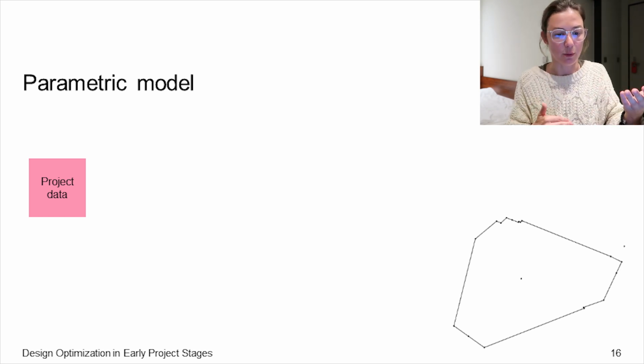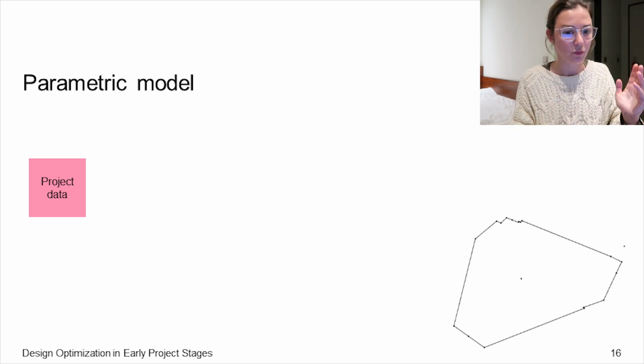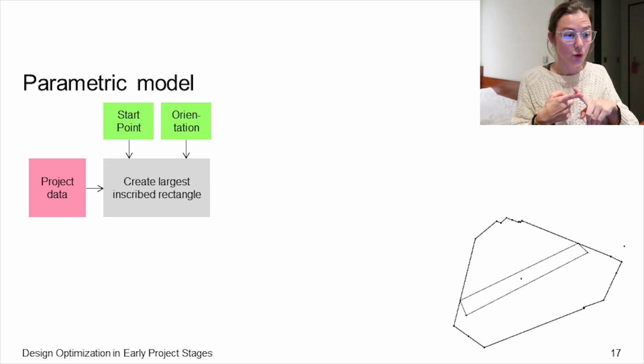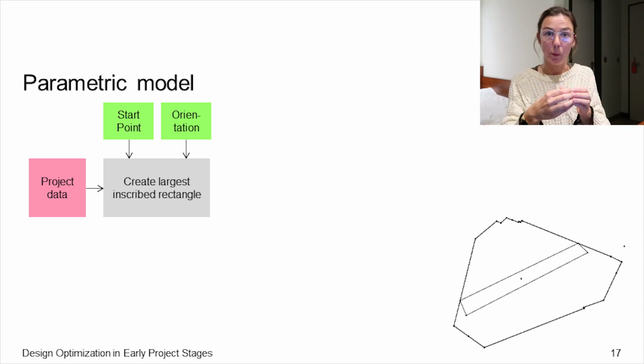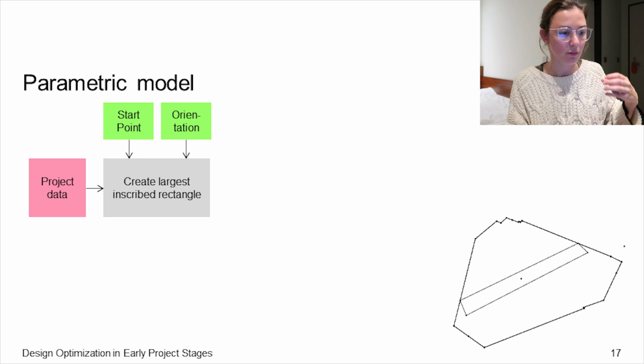So in this case, we needed 500 workplaces. Then two variables, the start point and the orientation, determine the largest inscribed rectangle, so essentially the area where we can grow the building.